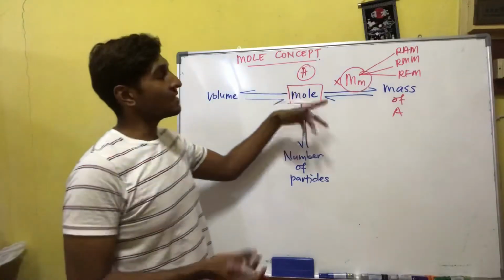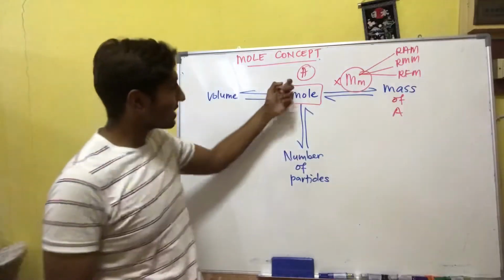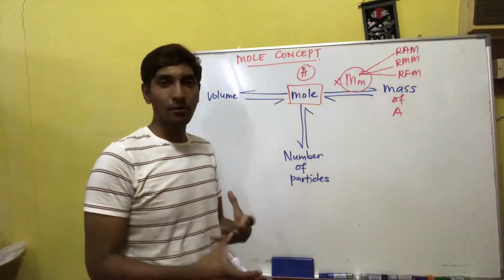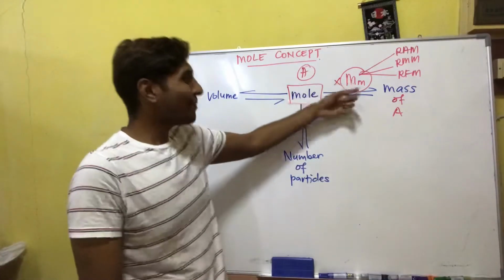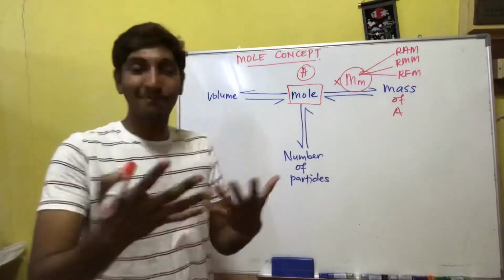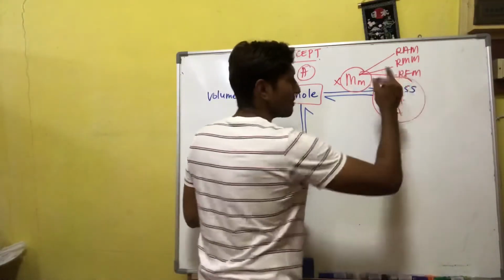But if A is a molecule, the molar mass is the relative molecular mass. If A is an ionic compound, the molar mass is the relative formula mass.